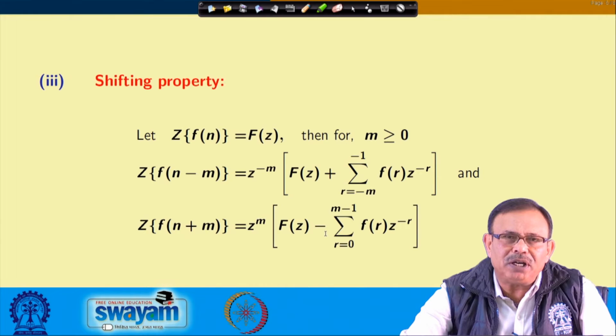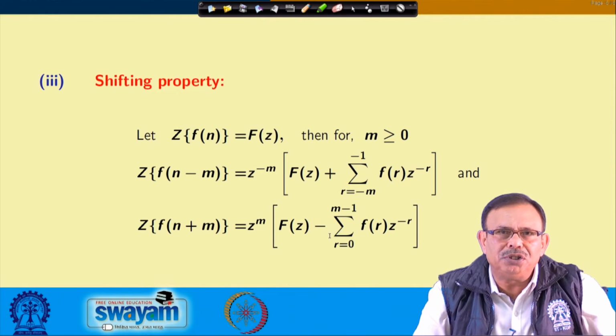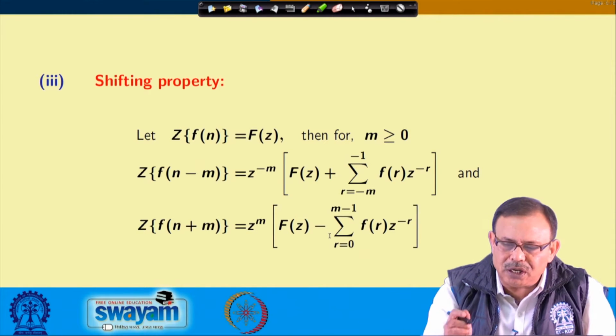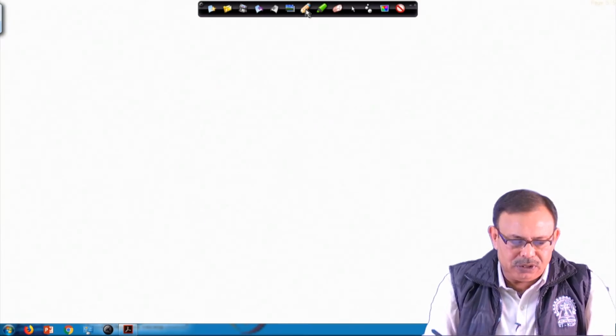And the Z transform of f of n plus m will be equal to z to the power m into F z minus summation r equals 0 to m minus 1 f r into z to the power minus r. Let us see the proof of this.